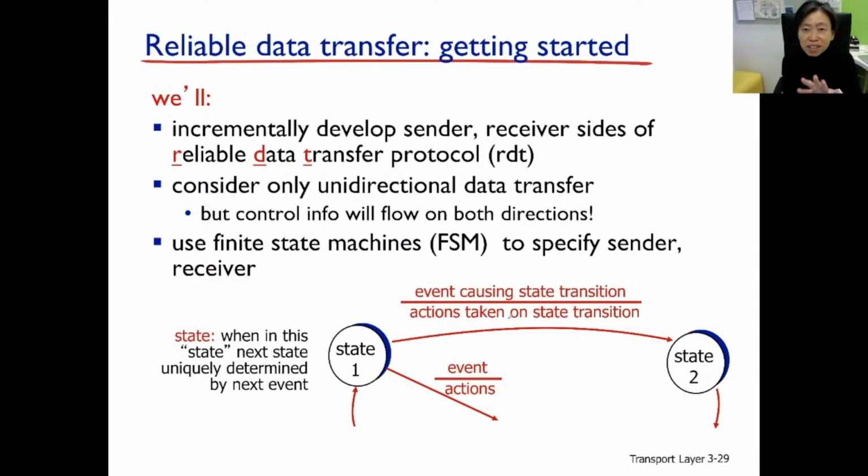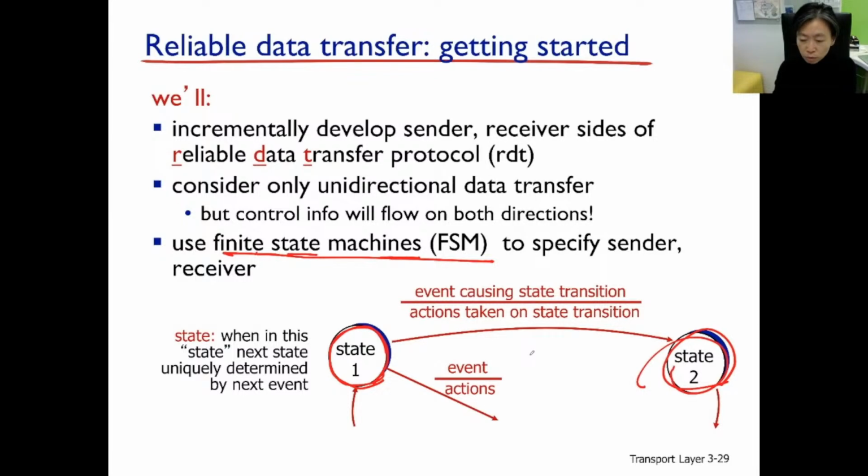Another thing that I need to introduce is how I'm going to describe these RDT mechanisms. We're going to use finite state machines, FSM. Here's one state, here's another state, so a finite number of states. This is a machine to go from one state to another.